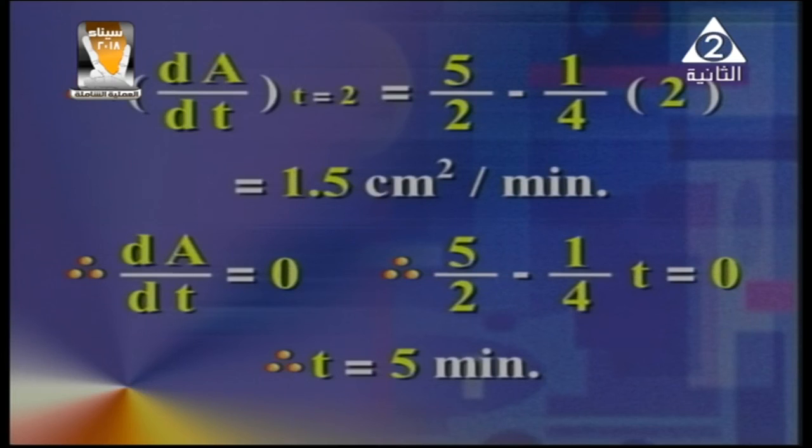When t equals 2, dA over dt equals 1.5 centimeters squared per minute, but when t equals 5, dA over dt equals 0.